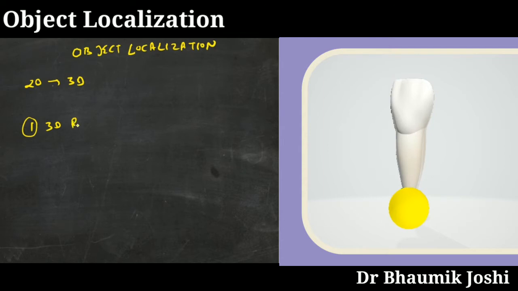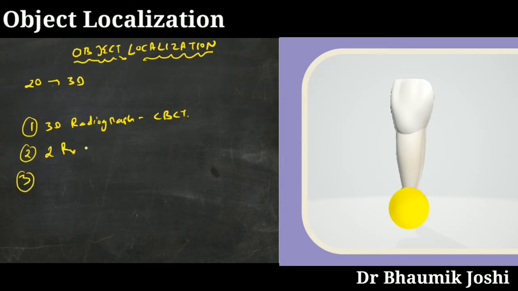So how do we do object localization? The first technique, the most recent one, is the 3D radiographic image, as we get from the cone beam CT. But CBCT is not always available and not always advisable. So for those cases, we have two methods of object localization. First is the use of two radiographs made at 90 degrees to each other.